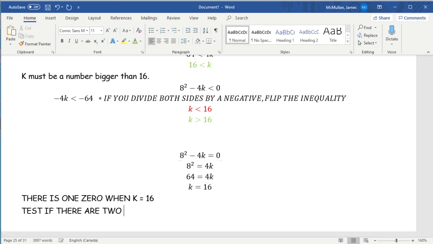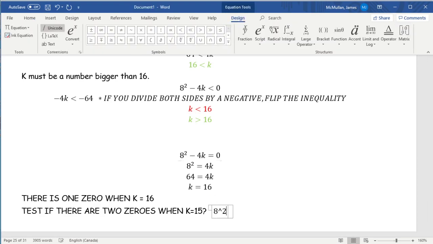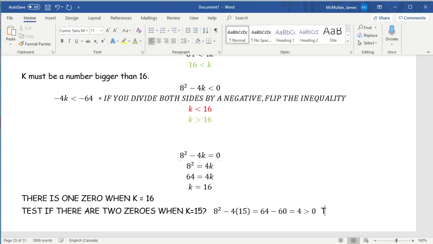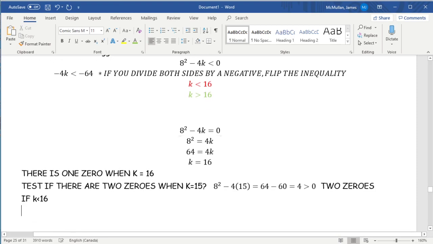Test if there are 2 zeros when k equals 15, for example. So what if k is a little bit less than 16? Are there 2 zeros? Let's check. 8 squared minus 4 times 15 would be 64 minus 60, which is 4, which is bigger than 0. So there are 2 zeros if k is less than 16.